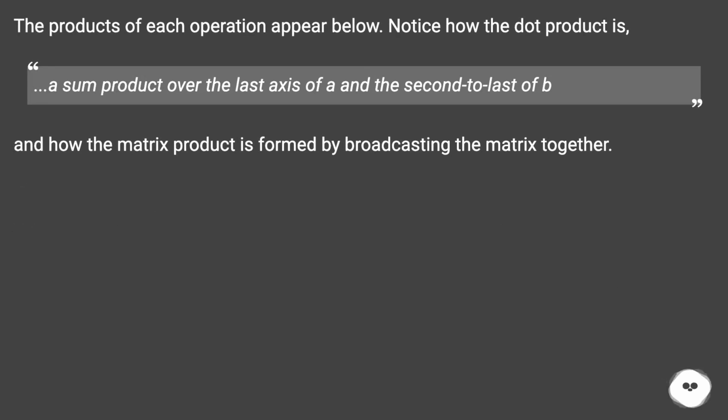The products of each operation appear below. Notice how the dot product is a sum product over the last axis of A and the second to last of B, and how the matmul product is formed by broadcasting the matrices together.